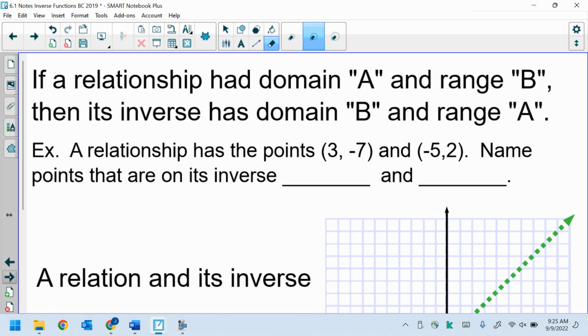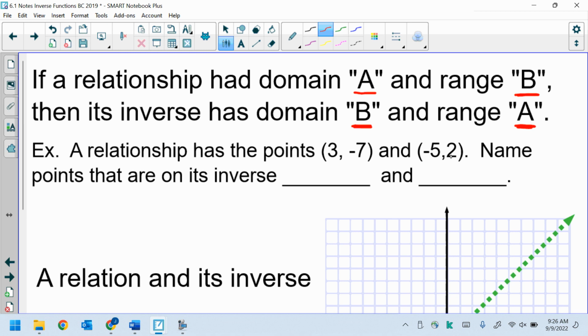Now, if a relationship, this one-to-one relationship, has a domain of A, a set of numbers, we'll call it A, and a range, a set of numbers, which we'll call B, then the inverse is going to switch the domain and the range around. So we've got a relationship that has a point (3, -7), (-5, 2).